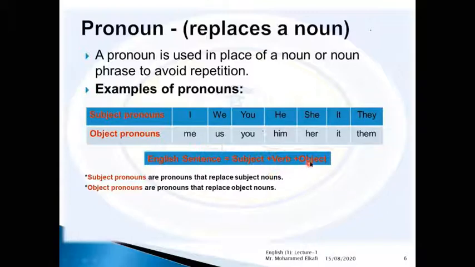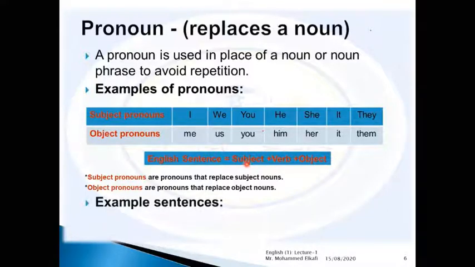But after the verb, we'll find object or object pronouns. So the objects are me, us, you, him, her, it, them. Before the verb, we find I, we, you, he, she, it, and they as subject pronouns.